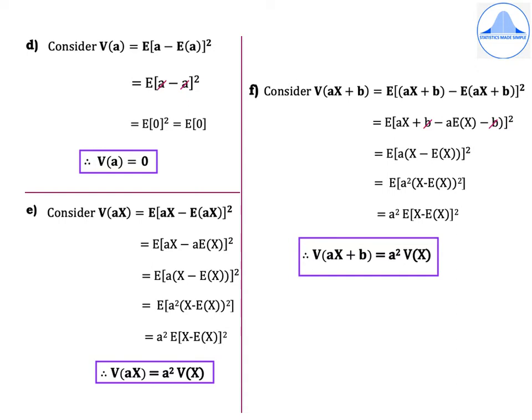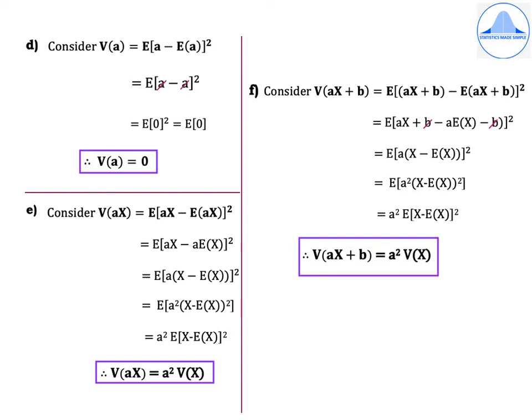Please observe very carefully the use of the square brackets and the round brackets. This is equal to E of [ax minus, we have learnt already that E of ax is a E of x. Use that result here. So you'll get a E of x] the whole square.